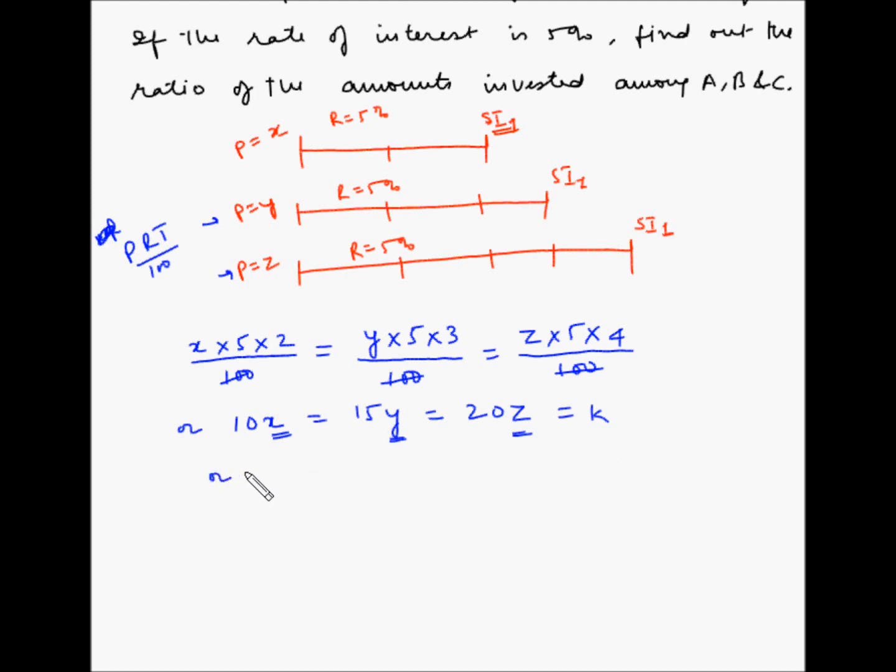So 10x is equal to k, or x is equal to k by 10. 15y is equal to k, or y is equal to k by 15. 20z is equal to k, or z is equal to k by 20. Now here k is common in all these three expressions.